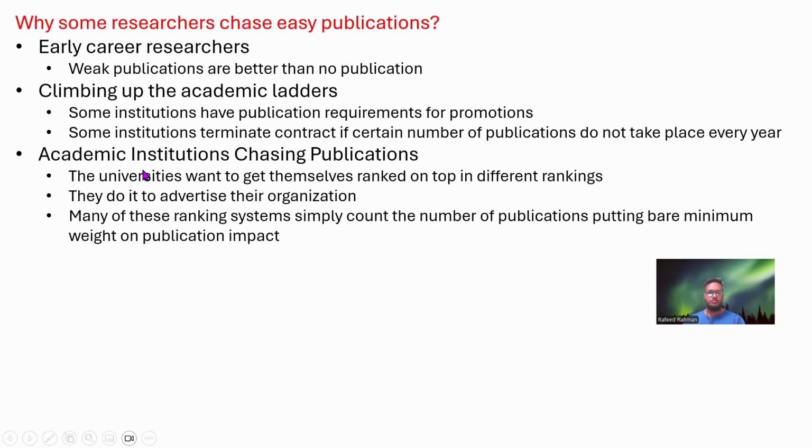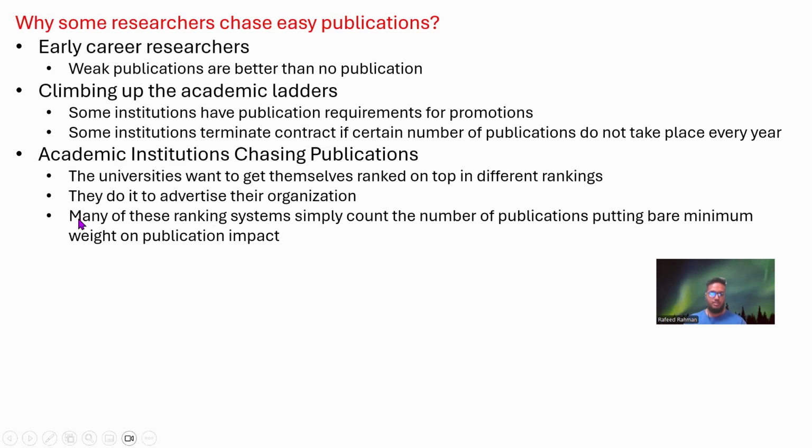The next thing is academic institutions chasing publications. Now, this is directly related to the previous point. So, the restrictions and the rules are actually imposed by the academic institutions themselves. They do that because universities also want to get themselves ranked on top in different ranking systems. Two of them I can name are the QS ranking and the Times Higher Education ranking, and there are many others.